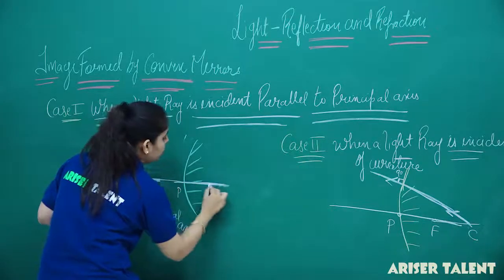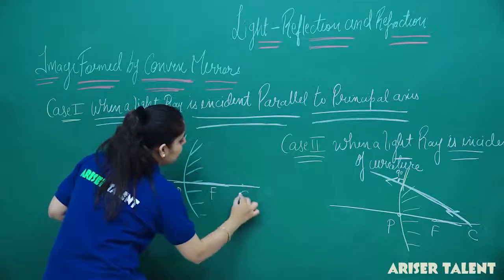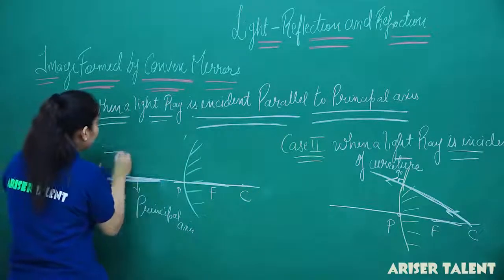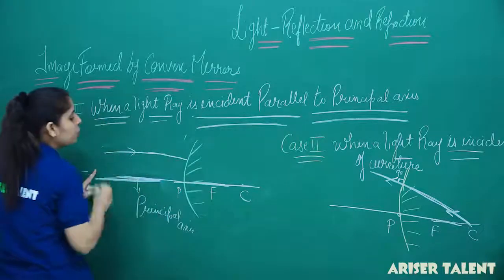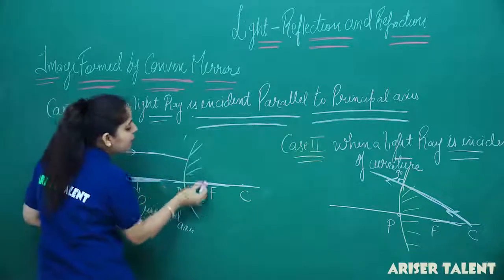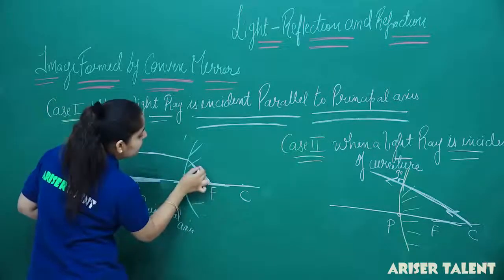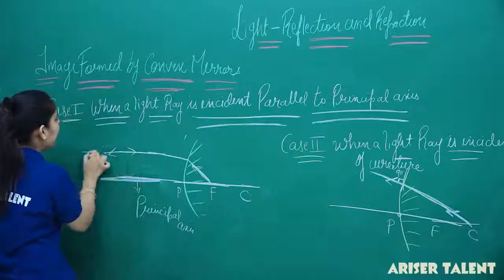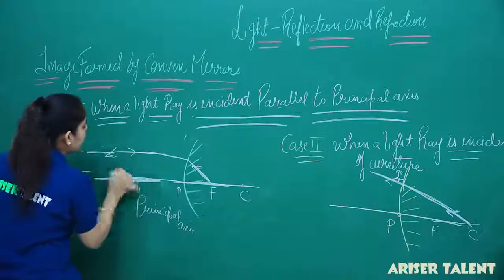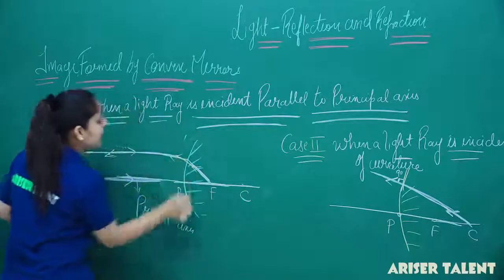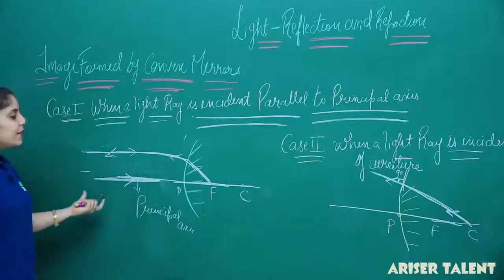This is the pole, this is the focus and this will be our center of curvature. What is happening here? This is a ray of light coming parallel to the principal axis, and after passing through the focus, this ray is reflecting again. So, it will reflect back in the same direction. So, this is the first case we have.